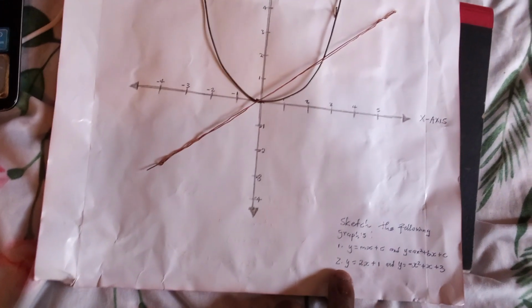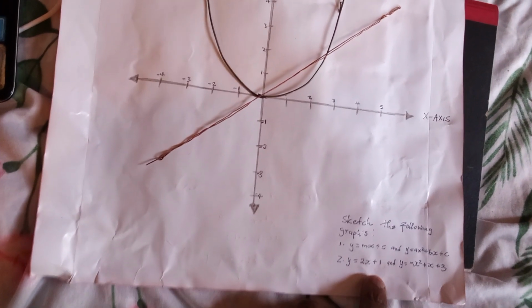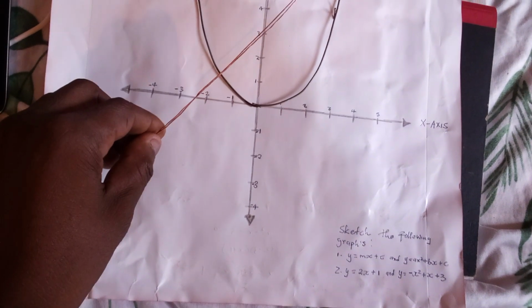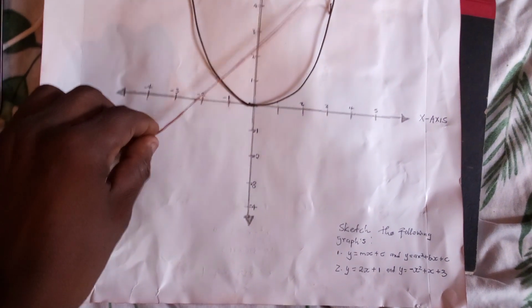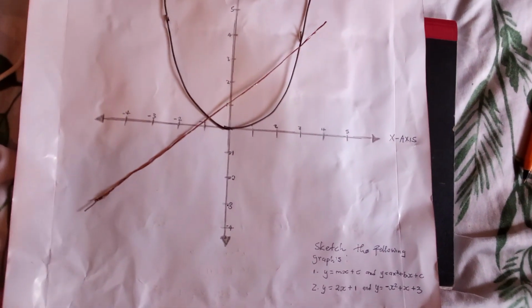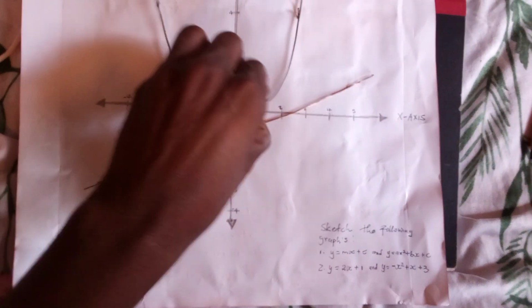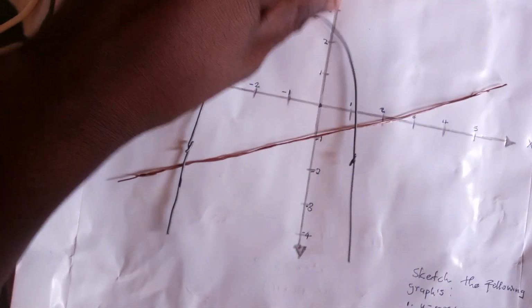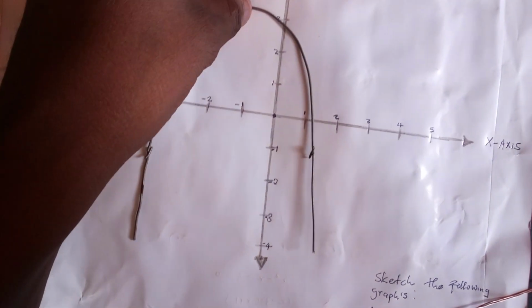For the second part, number 2, to sketch y equals 2x plus 1, it will be done by this string, which is going to be like this. Then for this one, they'll have to change it and find the coordinates, where the graph is going to turn at minus 3 and 1.